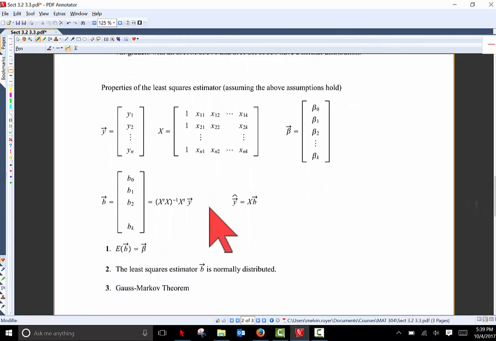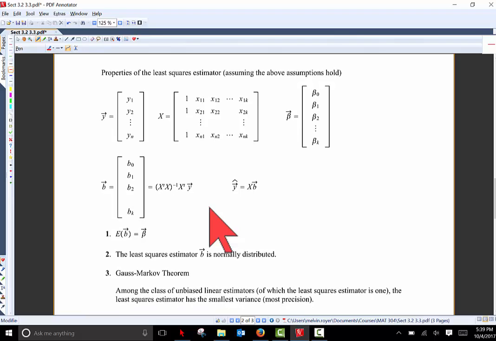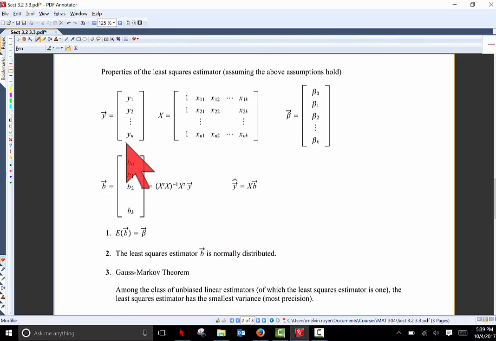And then what are some things that I can say, assuming those conditions hold? So a reminder of the notation, here are the actual outputs. This would be like the actual GPAs. Here are the inputs. So these would be like SAT, math and critical reading scores and high school grades and so on. Here are the actual coefficients of the model in the population. I would like to know these.